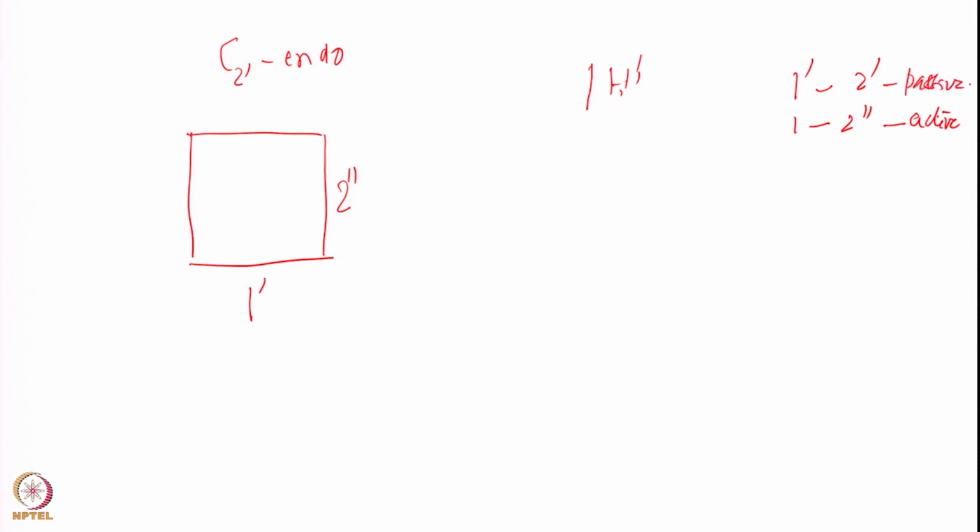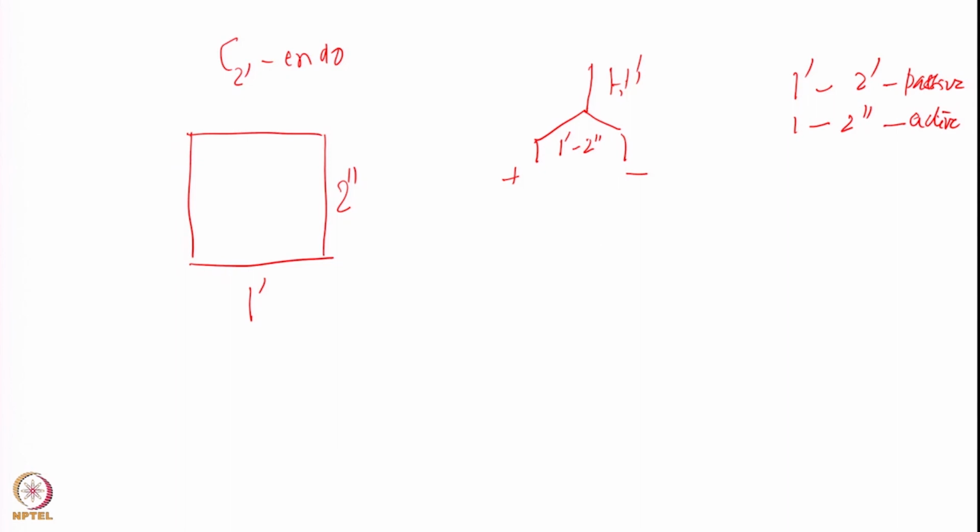What is the consequence of this? The active coupling will lead to plus minus splitting. So, I will split this here, plus minus, this is the 1' 2'' coupling. Okay. So, now we notice here that the 1' 2'' coupling is of the order of 6 to 7 Hz.